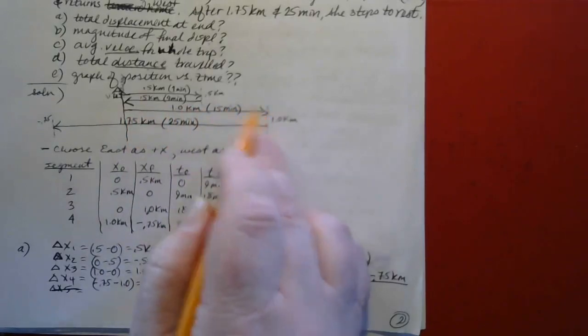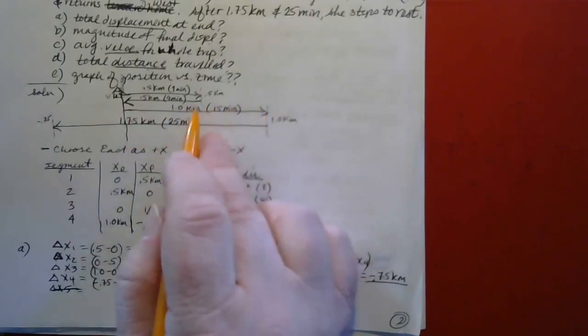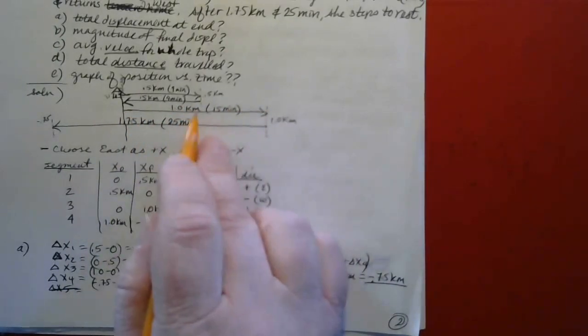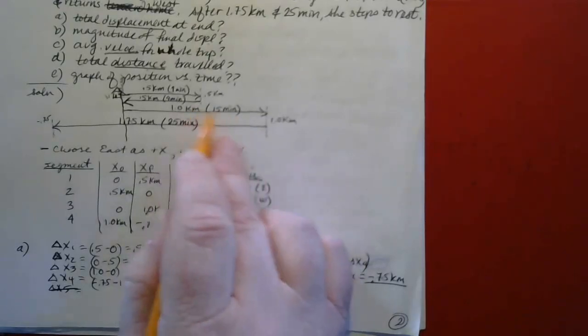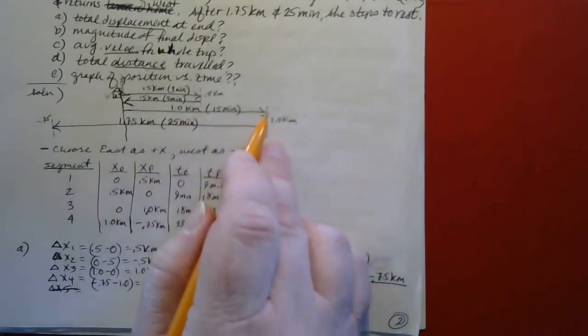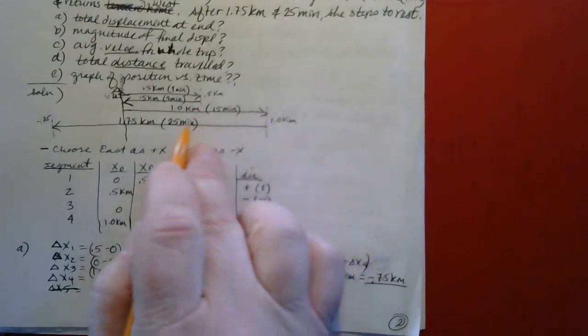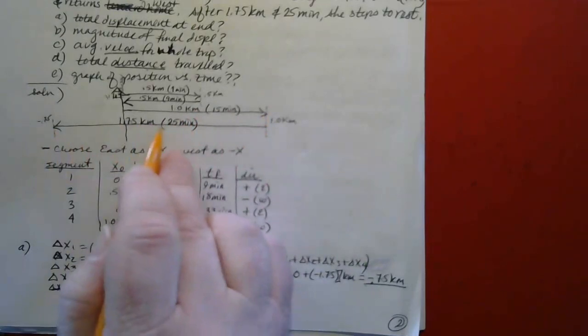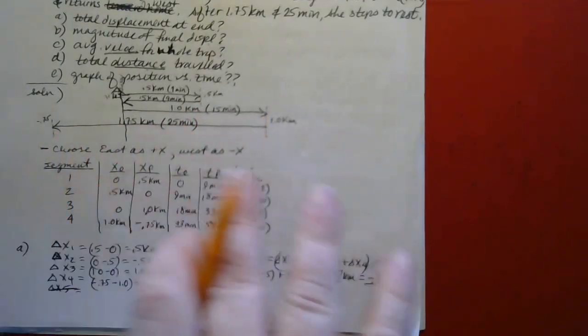So here's the 1 kilometer point. You notice the 1 kilometer point is just about twice as far as the 0.5 kilometer point. I'm trying to do things to scale, reasonably anyway. And that took 15 minutes. At that point, she turns around and goes 1.75 kilometers to the west, and that takes 25 minutes.